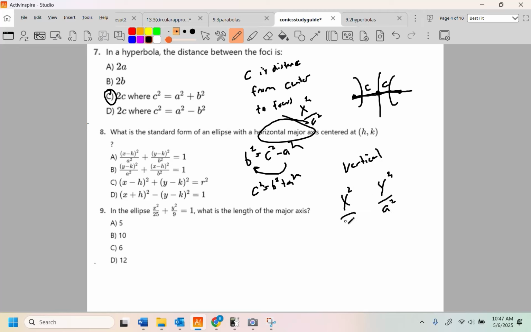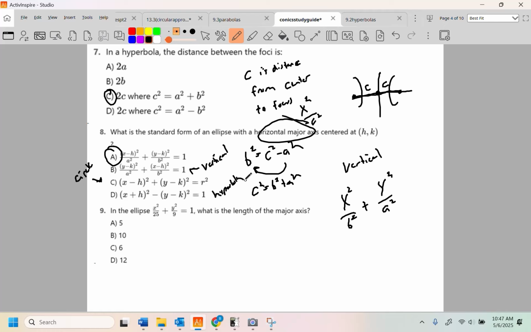Still going to lead with x squared, but it's going to be x squared over b squared. So I am looking for an x squared over an a squared, which is that one. Plain and simple. This is a circle. That one is vertical. Still a hyperbola. This guy right here is also a hyperbola.